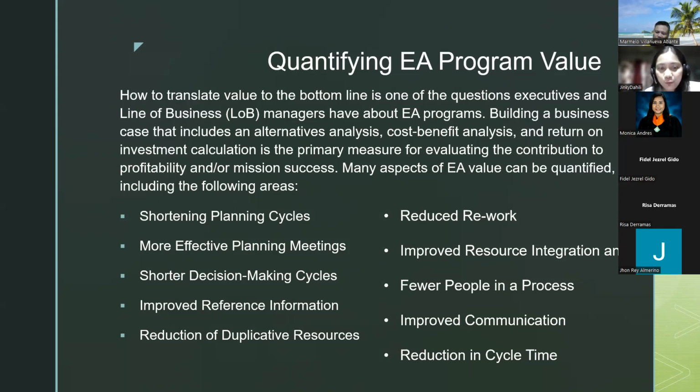So it will improve reference information by using an EA documentation, framework, and implementation methodology. Information on process and resources is gathered in a standardized method using the same tools and application.